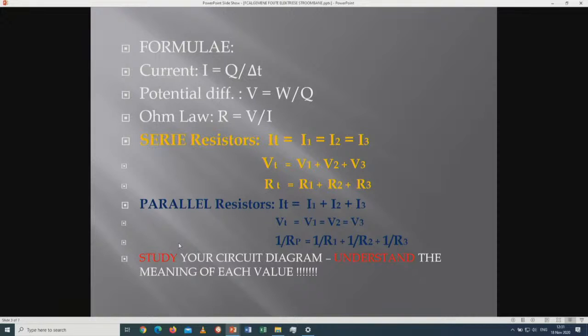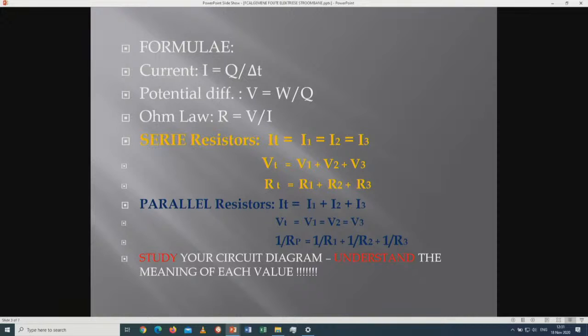In a circuit diagram, like in any other question, it's very important that you study it very carefully, that you understand the meaning of each value, and that if a potential difference is given, you know to which resistor it relates. Is the current given the total current in a series part of the circuit, or just the current in one of the branches?